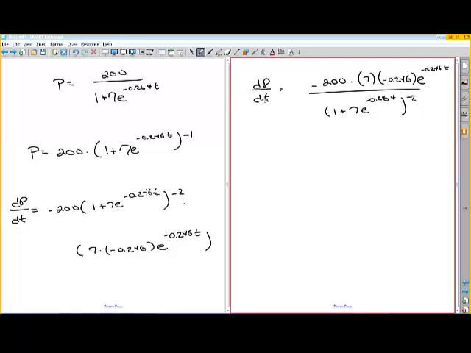So for this to go to 0 is when this is a maximum. Is that true? Well, not exactly. What we actually need to do is take the derivative again.